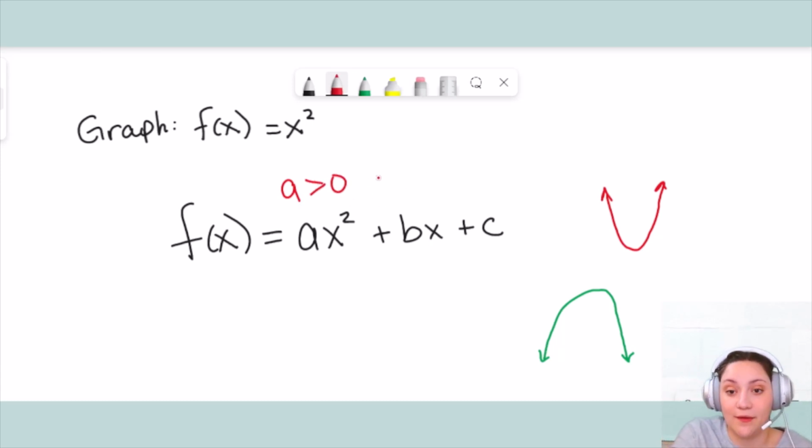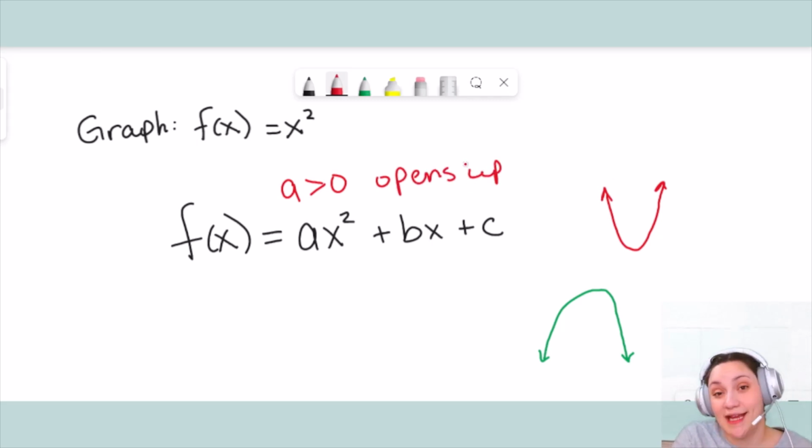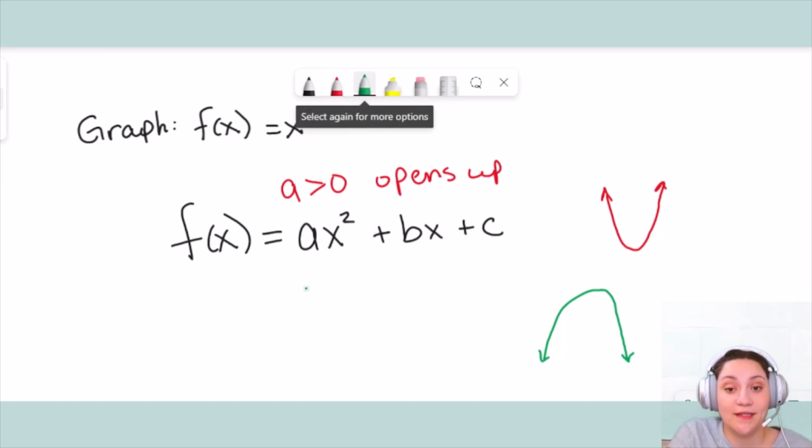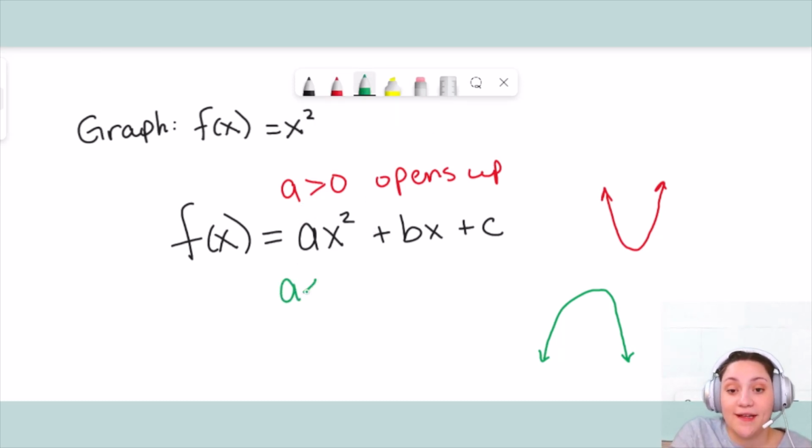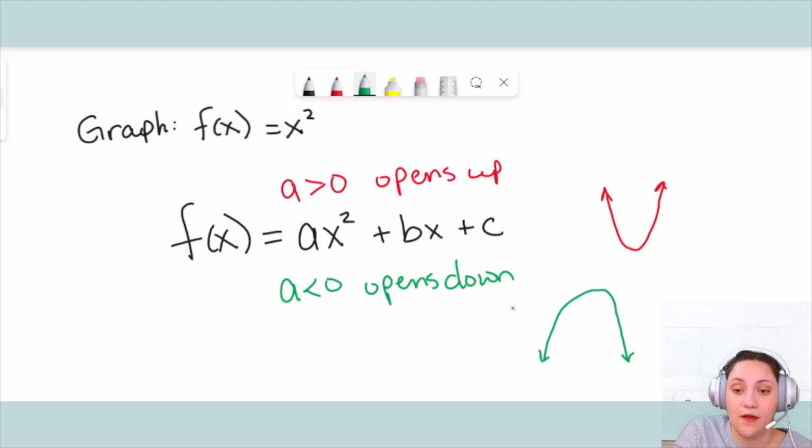If it's a positive number, it opens up. So we don't even have to make a table. We can just look at this number and see if it opens up or opens down. If this number is negative, it opens down. So that kind of corresponds to the pictures that I already had drawn here.